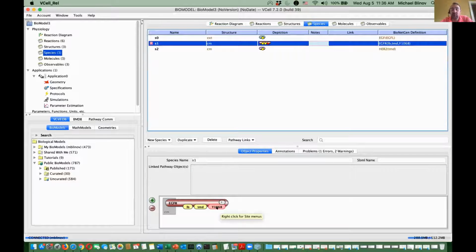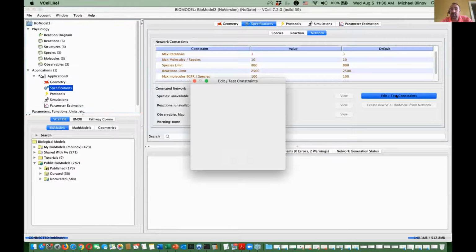So this Y1068 should be either phosphorylated or unphosphorylated. So you start with unphosphorylated. Okay, now this red should disappear, and you can go and try network generation again.